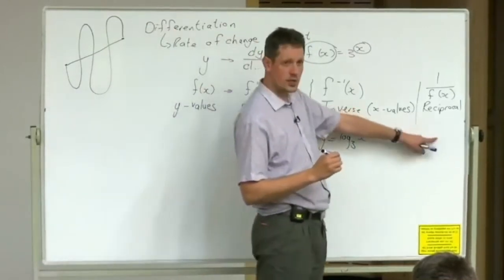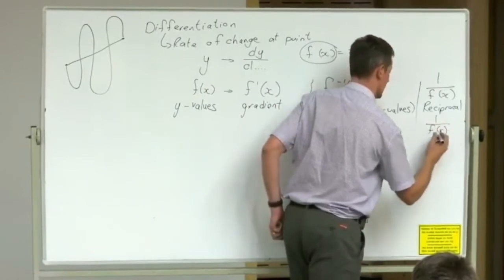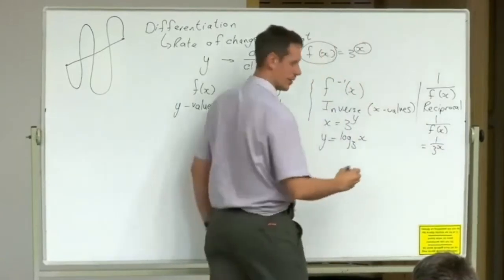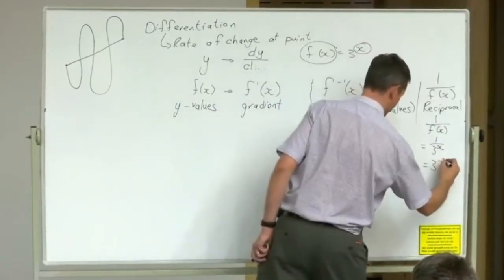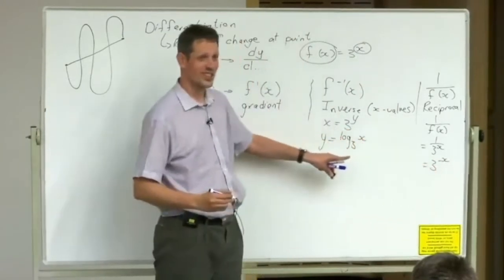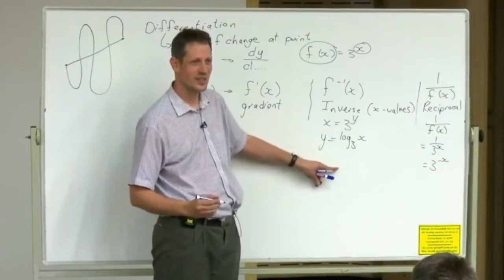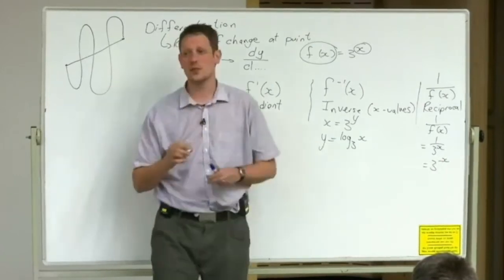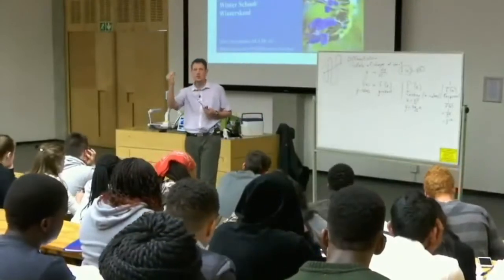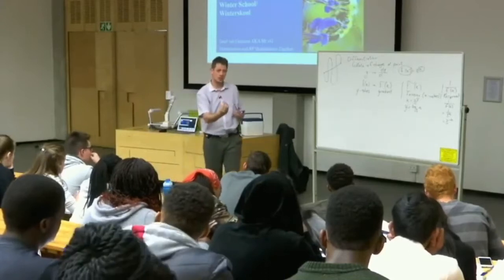But what is the reciprocal? This is 1 over 3 to the x, which is 3 to the negative x. Definitely not the same thing. You've got to be careful that f to the negative 1 does not mean reciprocal, it means inverse.